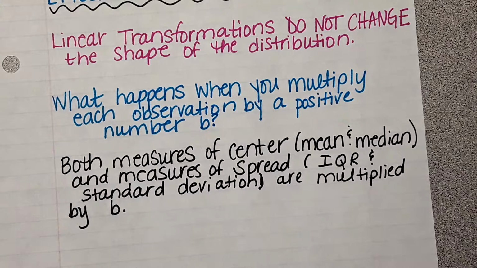Say you need to double these because the scale was off, or you say it increased 10%. Increase 10%, that's multiplication, okay? 10% of something is multiplication. So when you're multiplying by that positive constant, it's going to affect spread and measures of center.